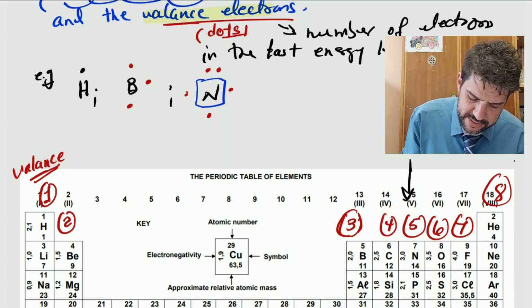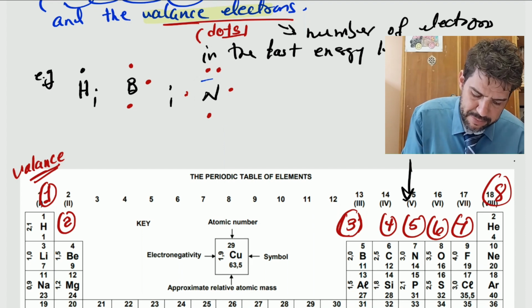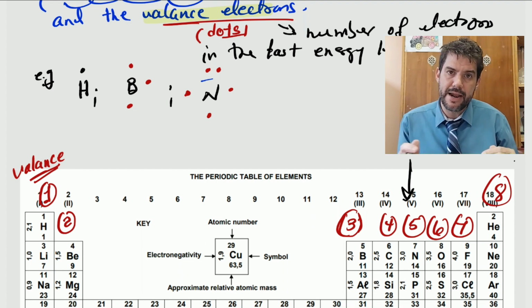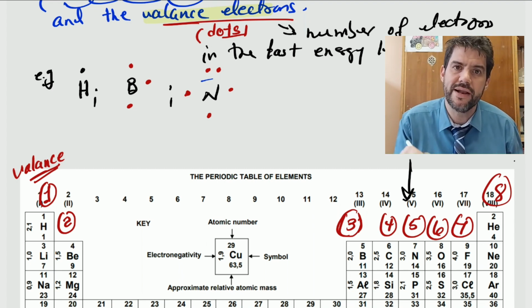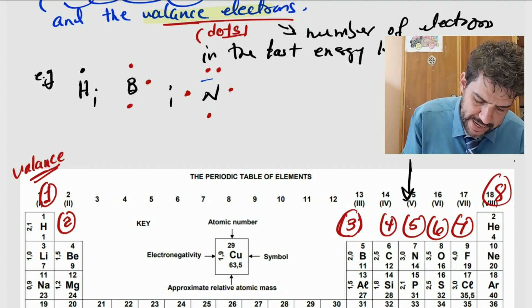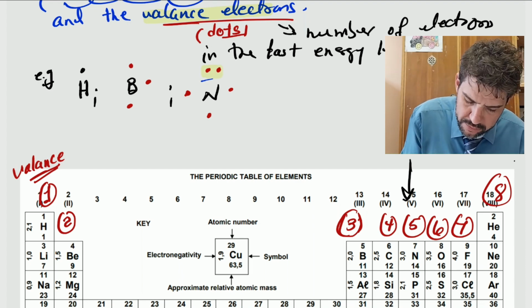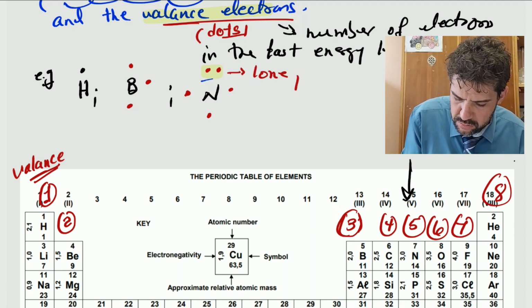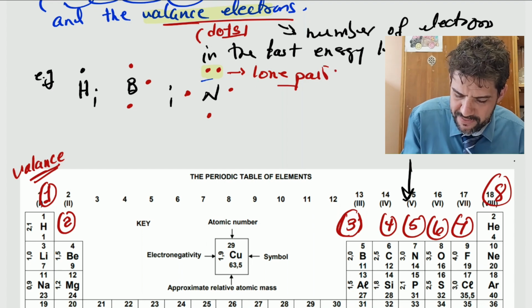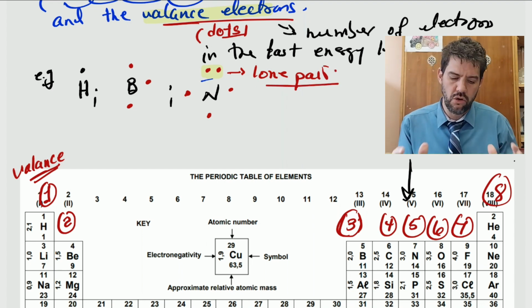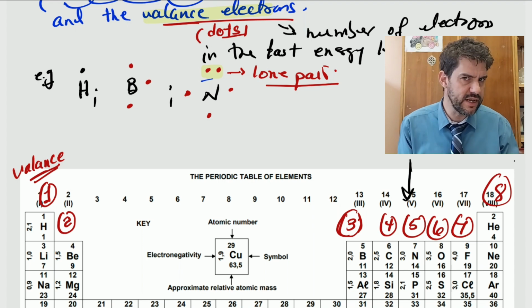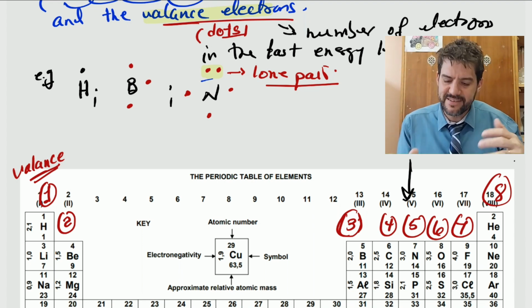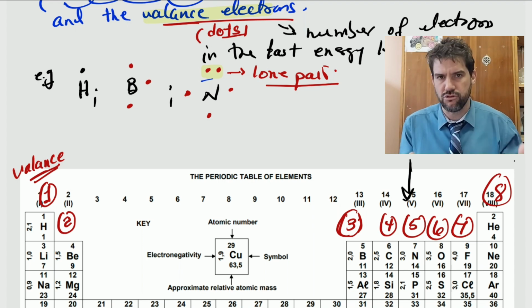So in this case, you can see that nitrogen has 3 unpaired electrons and 1 lone pair. This is called a lone pair of electrons. So this is an example of how to represent simple atoms, just an atom.